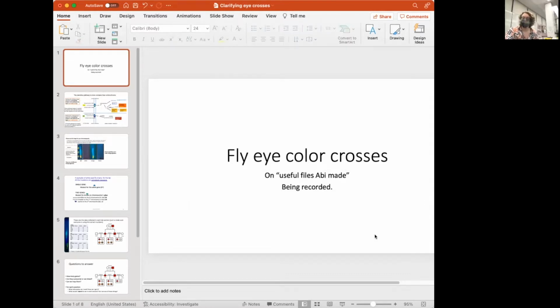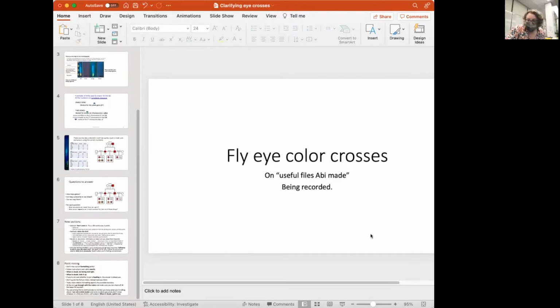Then also the most important files for this paper are the Lab 6 handout about eye color, and there's another Word document: the what to put in your lab report thing.